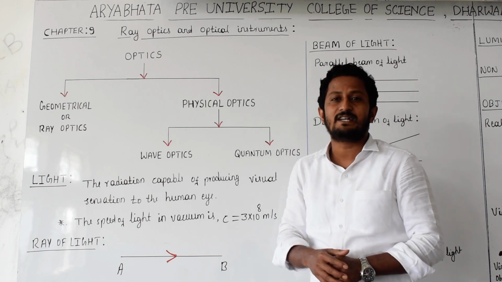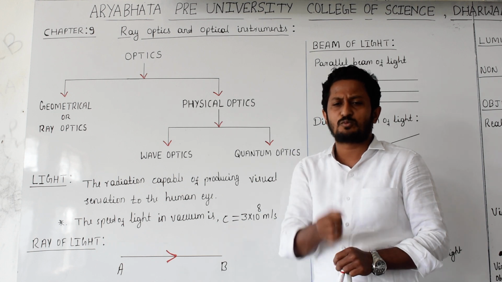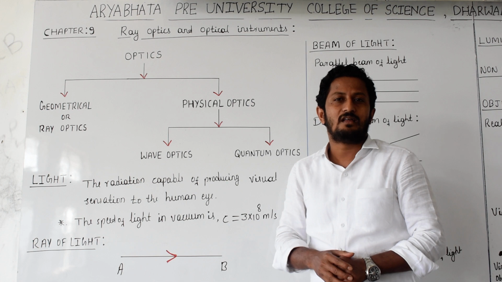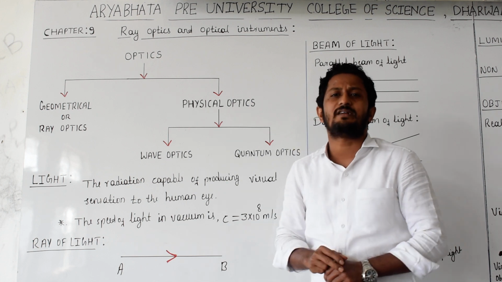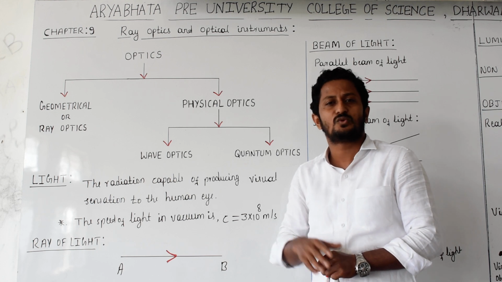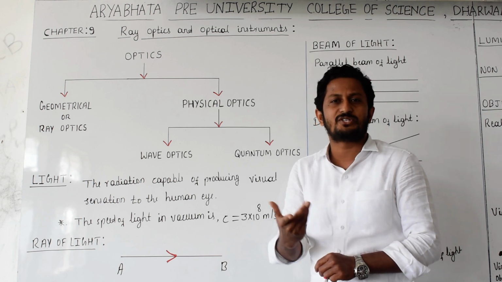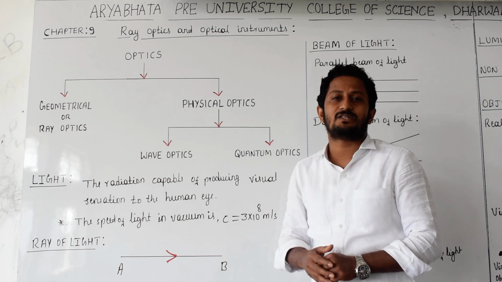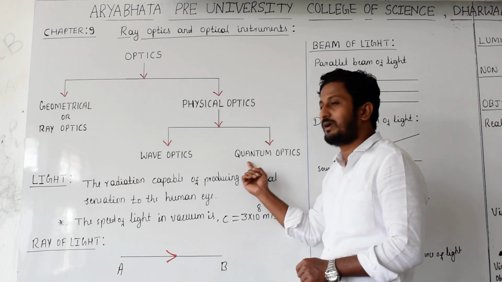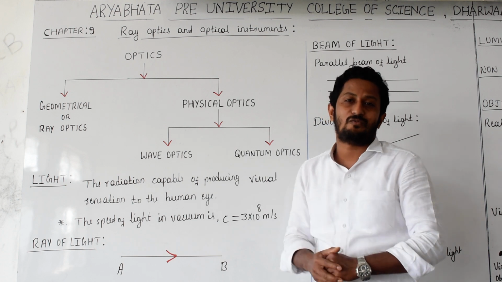Light comes with small energy packets called quanta, and for us it looks like a particle. So observations said light executes particle nature. That branch we call quantum optics.